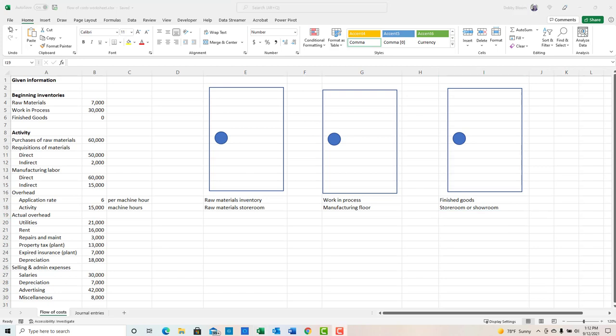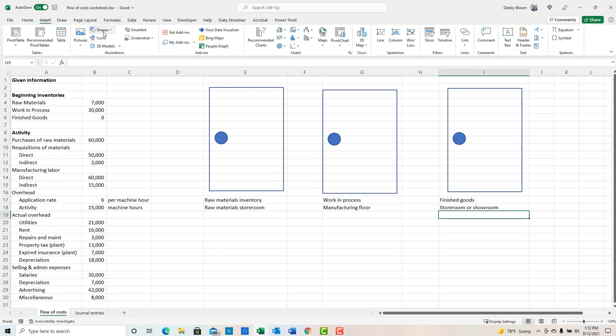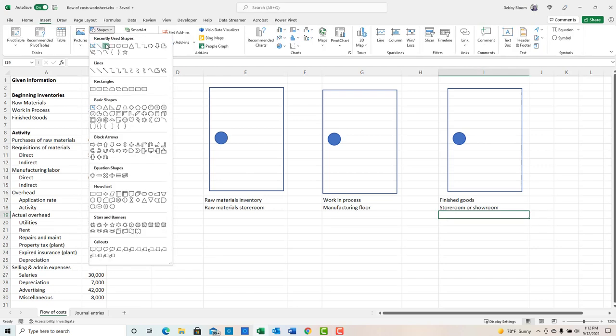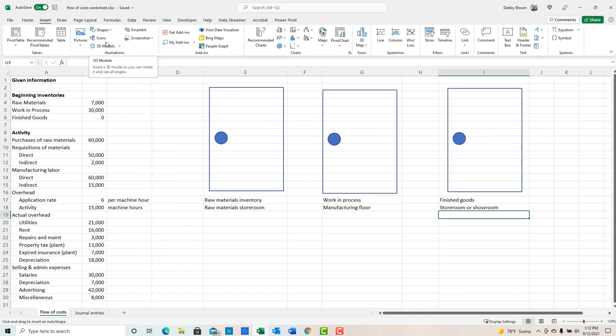So let's look at how costs are going to actually flow during the month. So the first thing that's going to happen is that we have beginning inventories in each one of these storerooms. So we talked about that before. We come in at the beginning of the month and there's 7,000 raw materials in the raw materials storeroom.